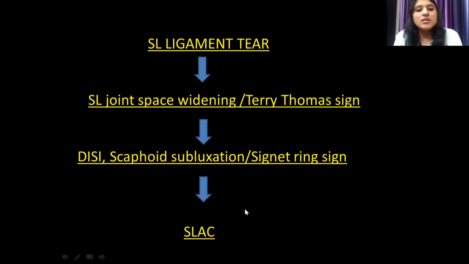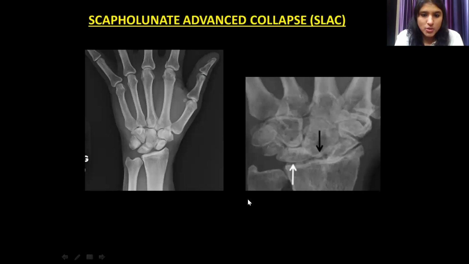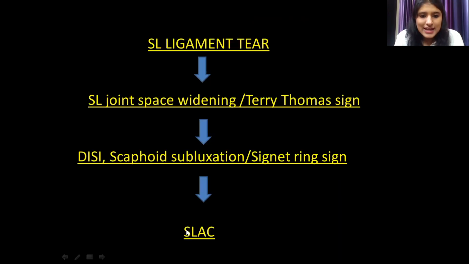And the next stage is proximal migration of the capitate bone, resulting in narrowing of the joint space between the capitate and the lunate bone, and the capitate migrates into the joint space between the scaphoid and the lunate, and then advanced degenerative changes in the form of sclerosis, causing SLAC wrist.